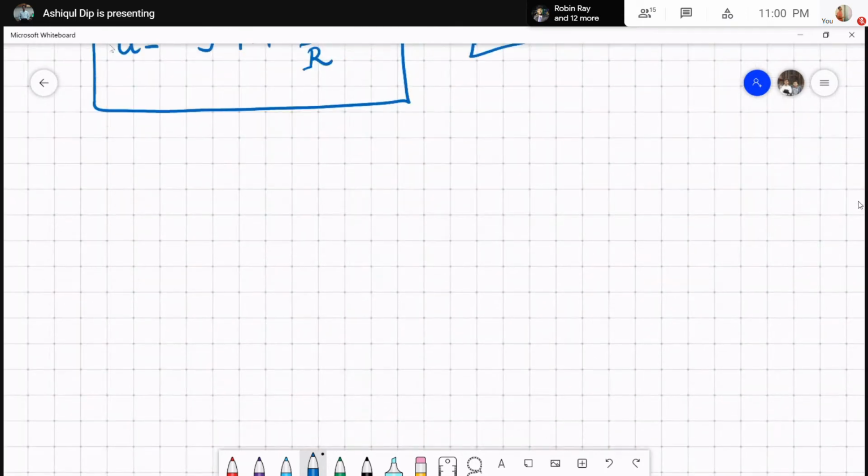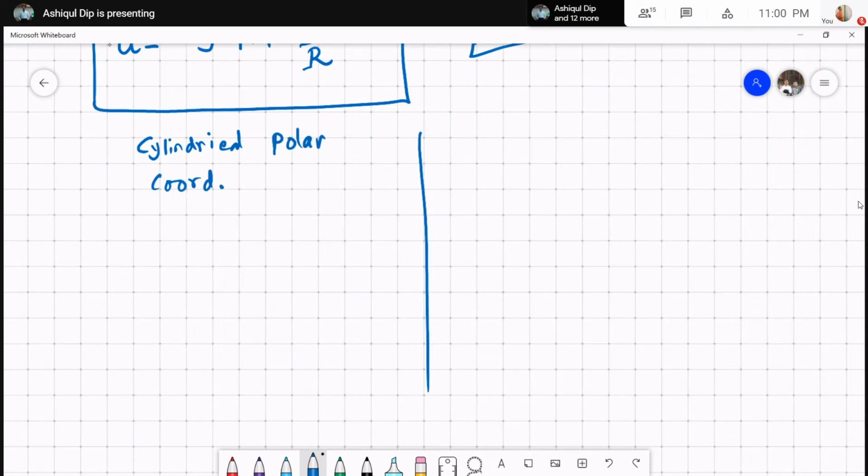So instead of Cartesian coordinates, obviously you could use polar coordinates, cylindrical polar or spherical polar. So we have two definitions: cylindrical polar coordinates and spherical polar coordinates.